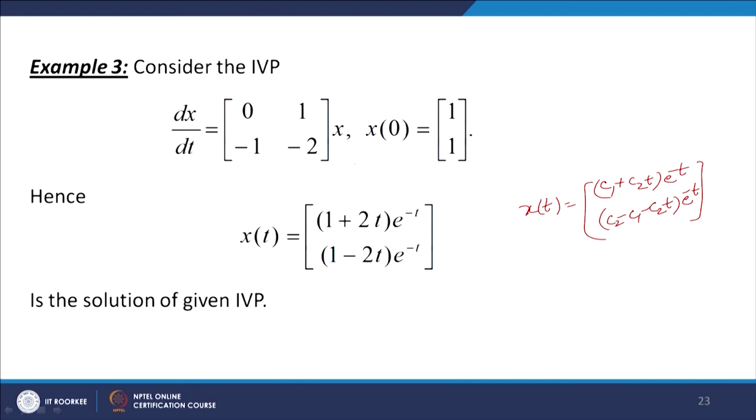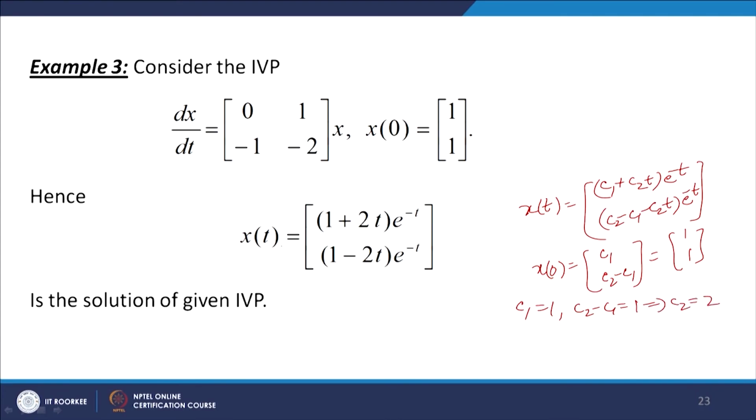If we want the solution of this initial value problem, then let us put t equal to 0. So, x(0) is equal to what I get, this is 0, this is 1. So, we get C1 and here we get C2 minus C1. Now, x(0) has to be equal to (1, 1). So, C1 is equal to 1 and C2 minus C1 equal to 1 implies C2 equal to 2.